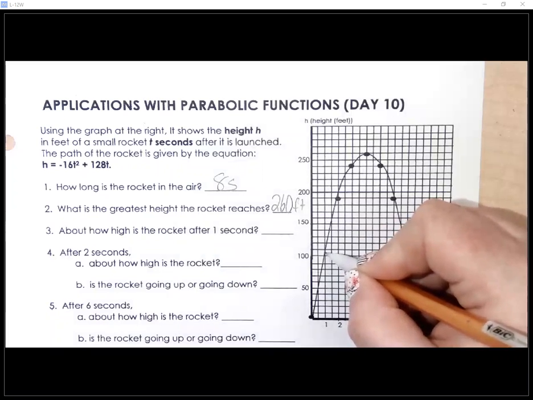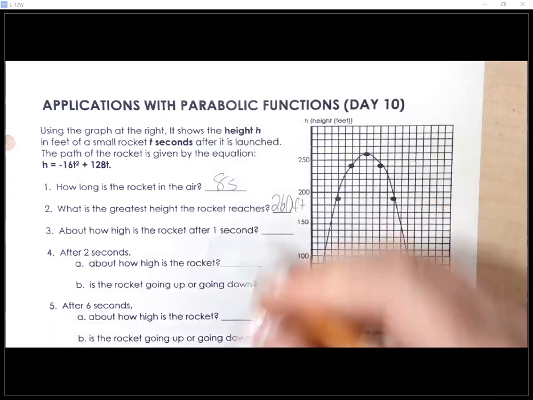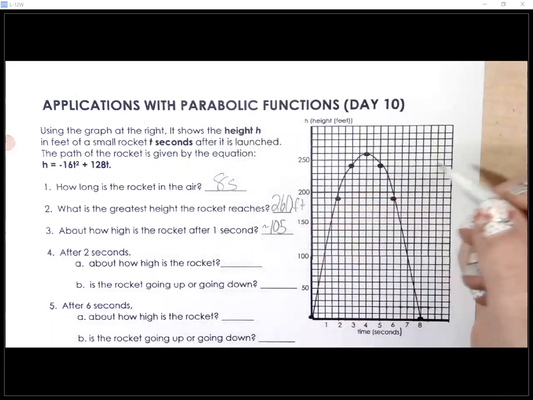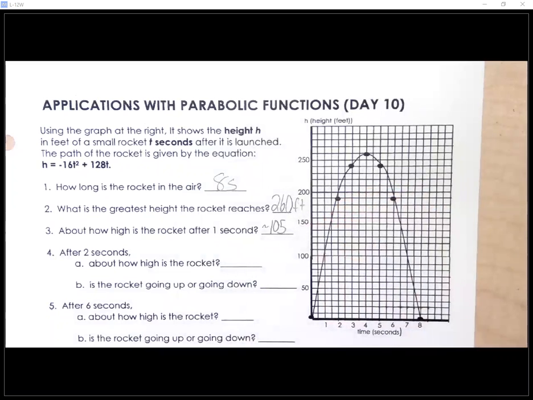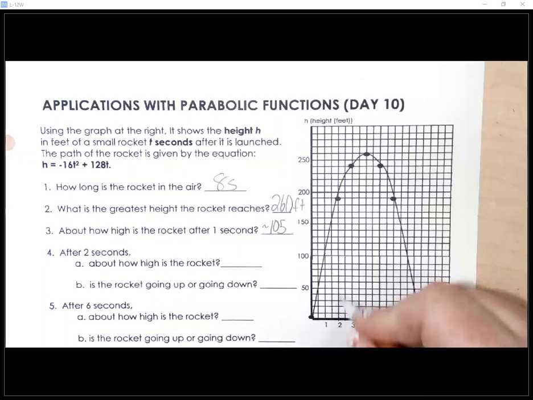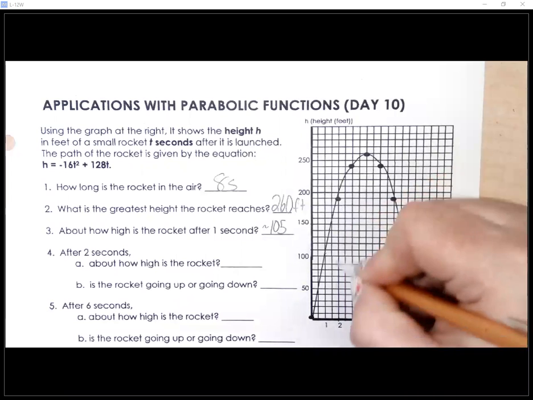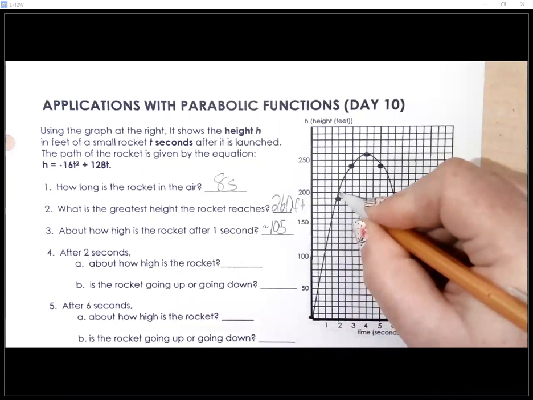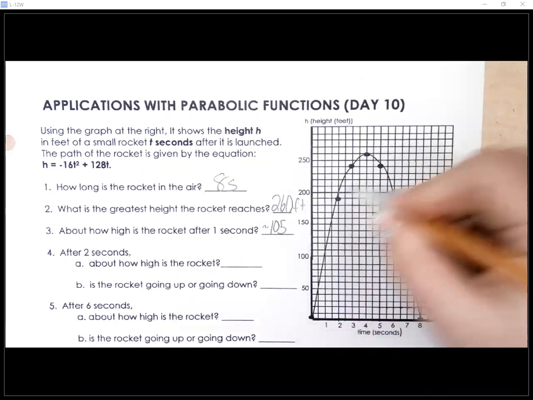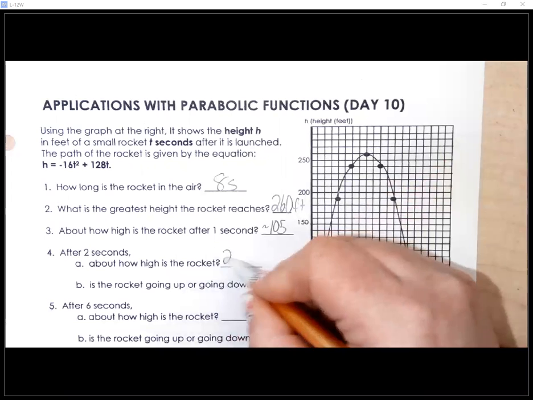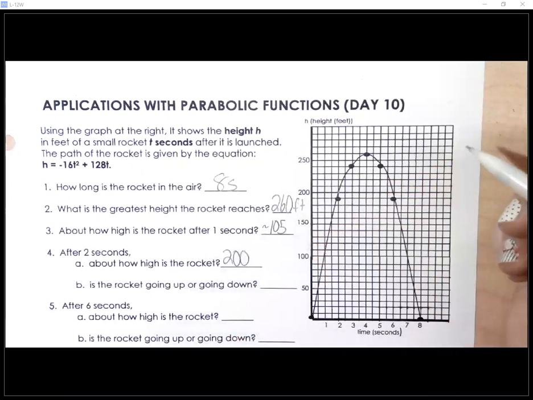So I'm going to go about 105-ish. 2 seconds, how high is the rocket? About 200. They have a dot there, but the dot doesn't really match up with the graph. The dot really should be right there. I'd go with 200. Is it going up or down? Up, it's still on its way up.